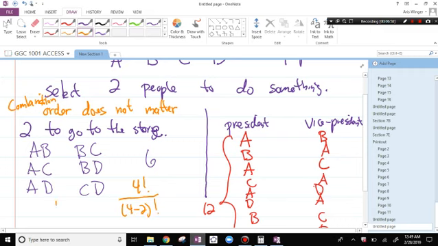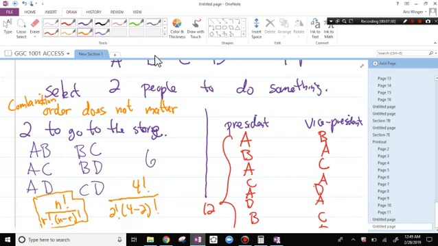And in general, if you have n things, you need to pick r of them, it's going to be n factorial over r factorial times n minus r factorial. When order does not matter, you use this formula. We'll be practicing this a lot.